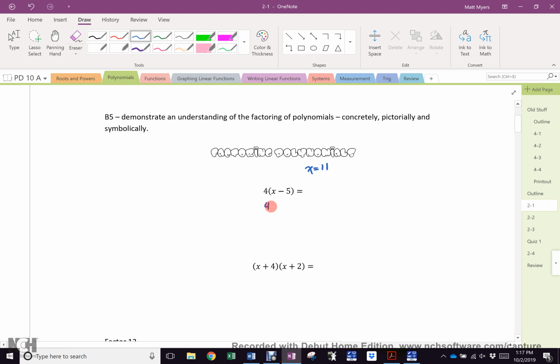It would be 4 times 6, correct? And 4 and 6 would give me 24. Which are the factors and which is the product? Armand. Because 11 minus 5 is 6.